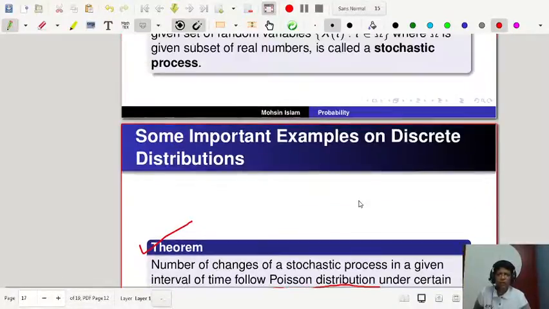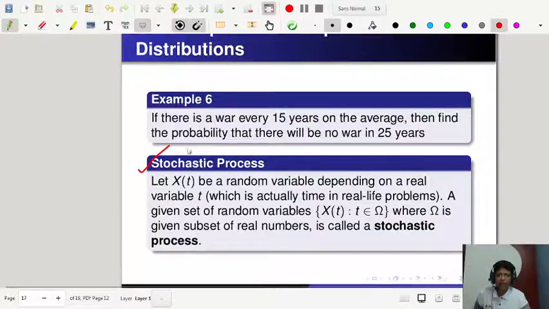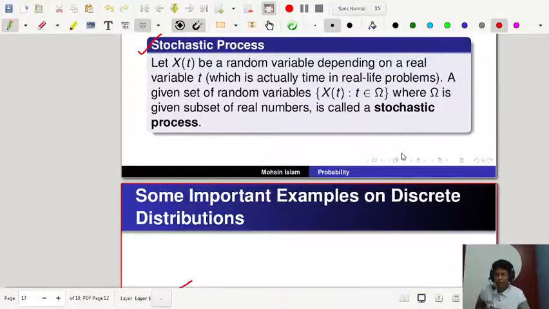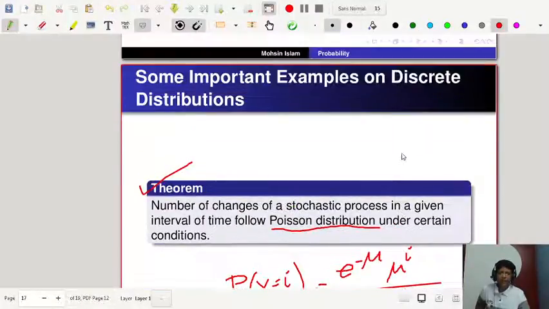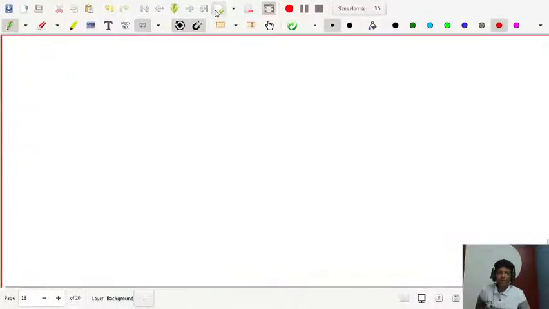So how will you solve the problem? Let's once again see the problem. War in every 15 years on the average, and there will be no war in 25 years. So let us solve the problem now.